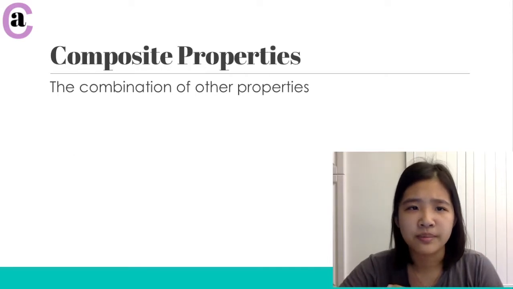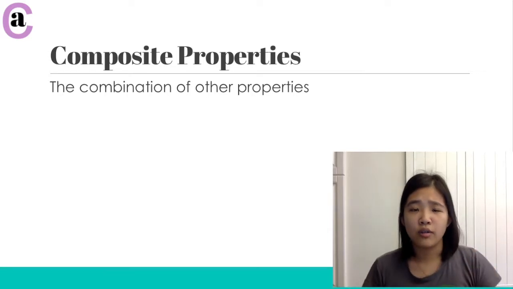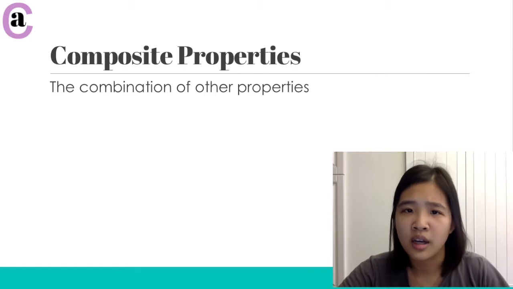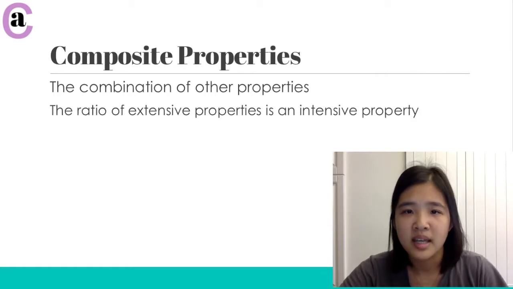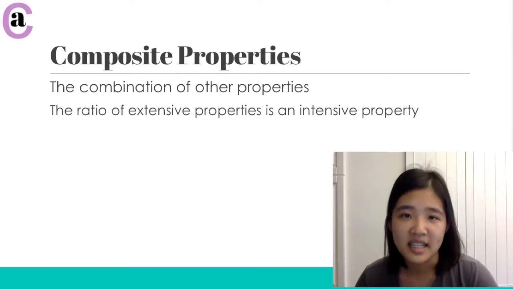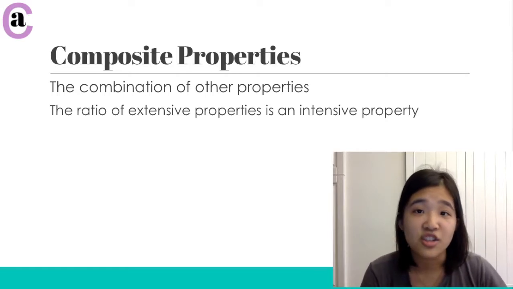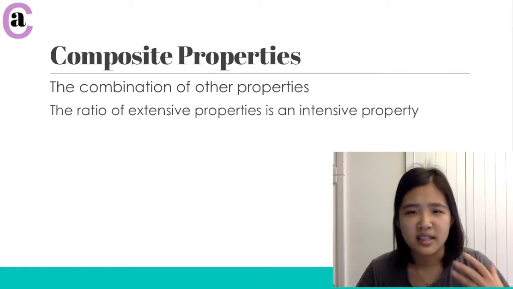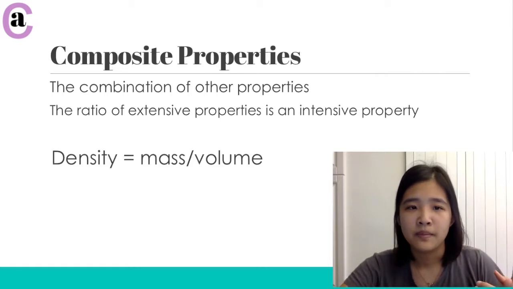And then there are other things called composite properties, which are a combination of other kinds of properties. And the ratio of extensive properties is an intensive property. This is just like I showed on the last slide with density and temperature.